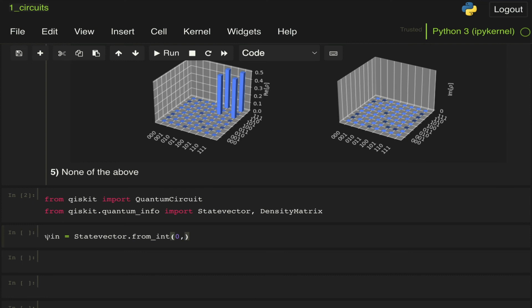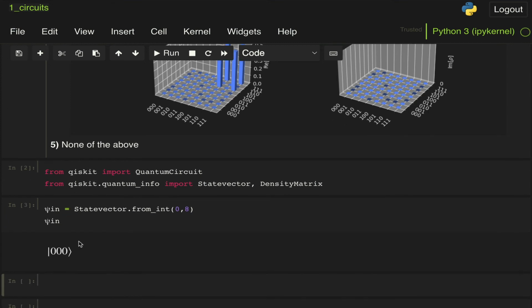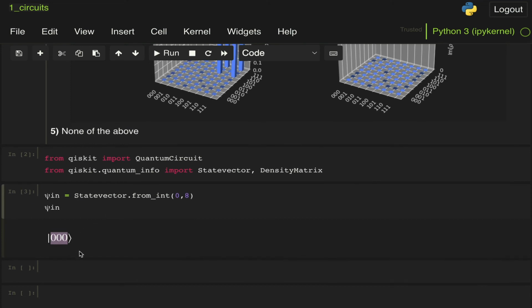Since we have 3 qubits, this state vector is going to have a total of 8 components. If we now look at this, we can see that we correctly initialize this into state 000.